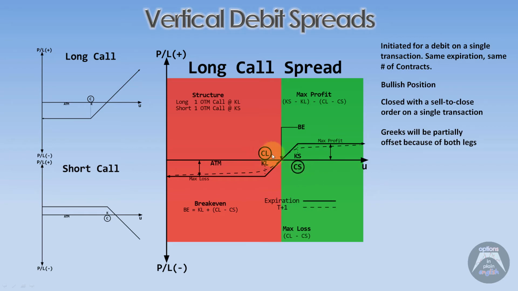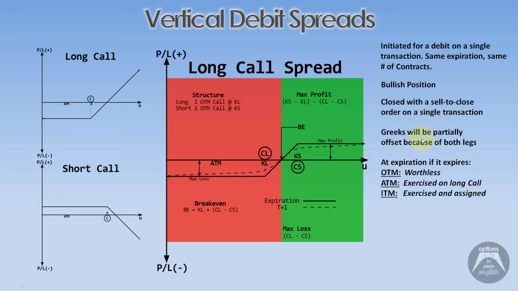Then your total delta is going to be 30 minus 20. So 10 deltas only. So you are partially offsetting your delta. And the same thing is going to happen to the other Greeks, some of which we haven't seen yet. But just so you know, for now, also gamma and also vega and theta are going to be partially offset by having a vertical spread.